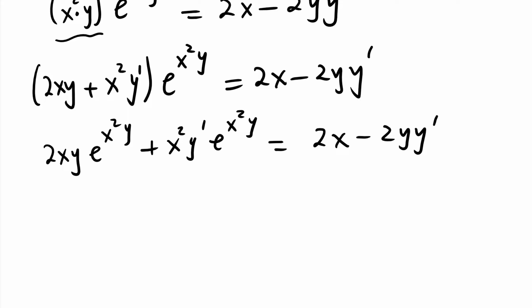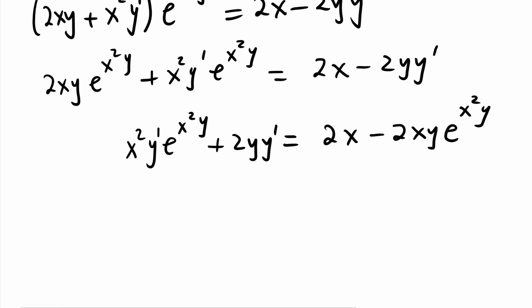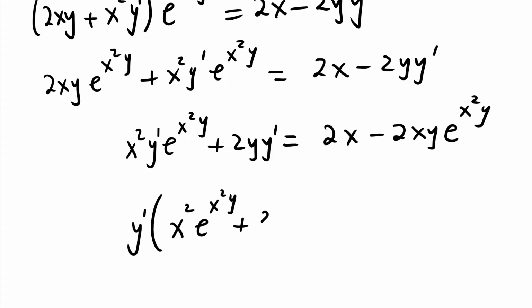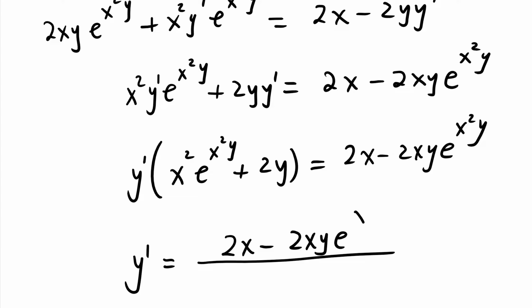Bring the term that has y prime to one side: x squared y prime e to the x squared y plus 2y y prime equals 2x minus 2xy e to the x squared y. Then factor y prime out. That will give x squared e to the x squared y plus 2y, and keep this the same. So y prime equals 2x minus 2xy e to the x squared y, over x squared e to the x squared y plus 2y.